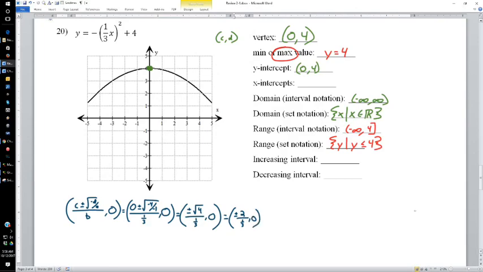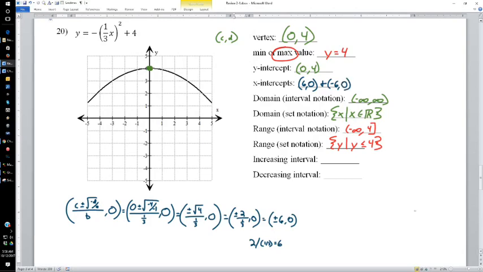If the 2 over 1/3 is freaking you out, just put it in your calculator: 2 divided by, parentheses, 1/3, and you will get 6. So it equals plus or minus 6, comma 0. So your x-intercepts are at (6, 0) and (negative 6, 0).